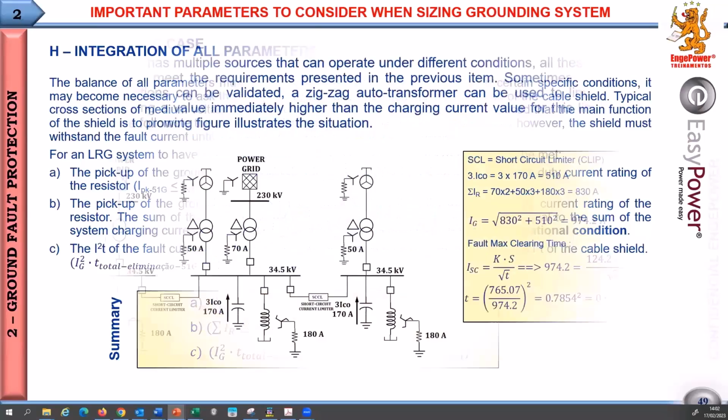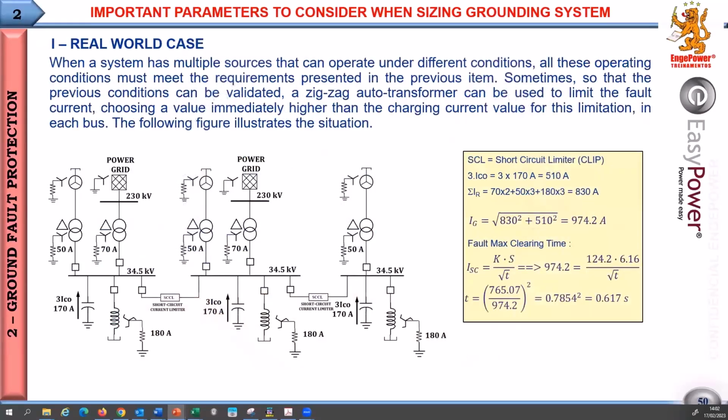So this is a small piece of the system we have. Here we have 2 utility transformers, 3 turbo generators. The charging current here, this is 3IC0 for this bus, 3IC0 for this bus, 3IC0 for this bus.